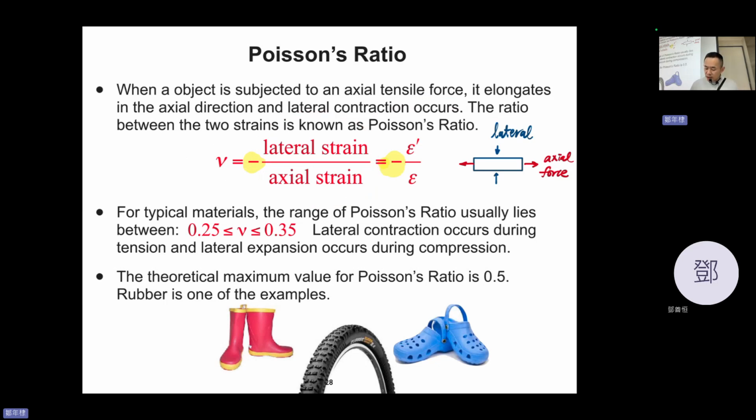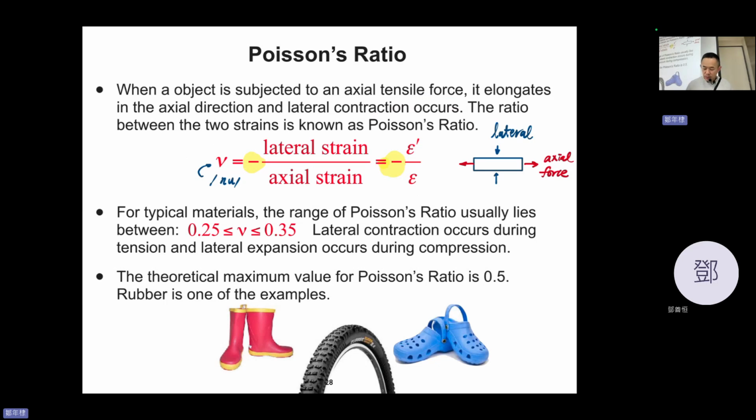Okay, so lateral strain, we give it a prime on it. The epsilon, well, it's epsilon, right? What you learned in the previous few pages is epsilon. So that's the ratio. And well, we can say this is nu. How to pronounce it? Nu. Okay, Poisson ratio nu equals minus epsilon prime over epsilon.